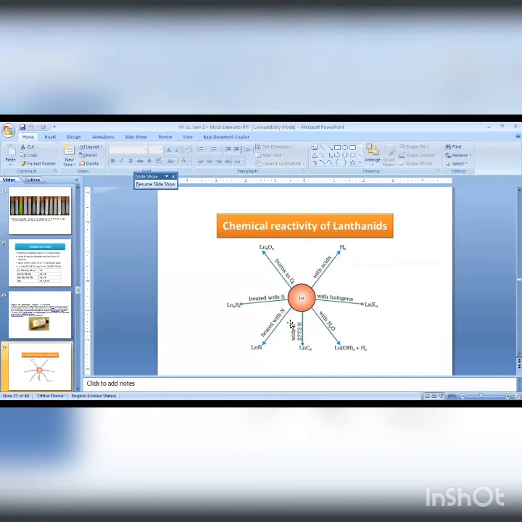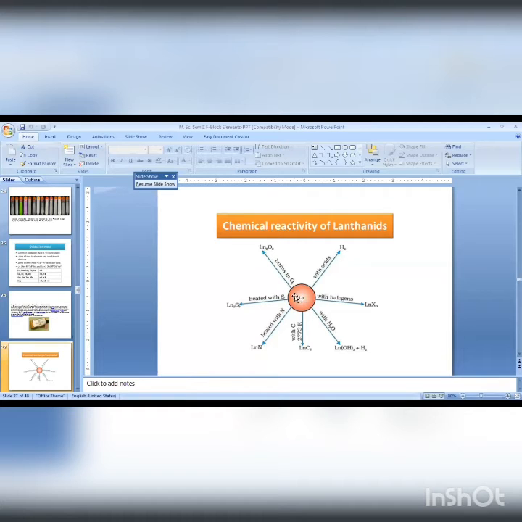With carbon, they can form corresponding carbides. When lanthanide elements are heated with nitrogen, they can form corresponding nitrides. And when lanthanide elements are heated with sulfur, they can form corresponding sulfides.